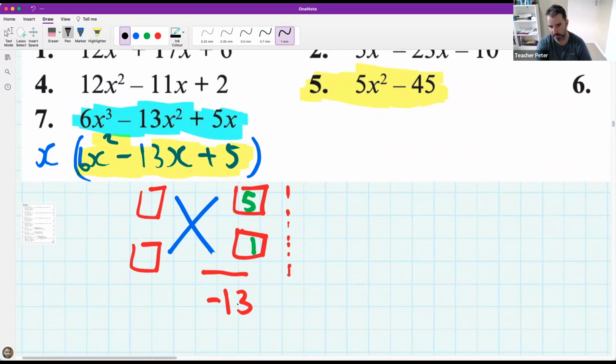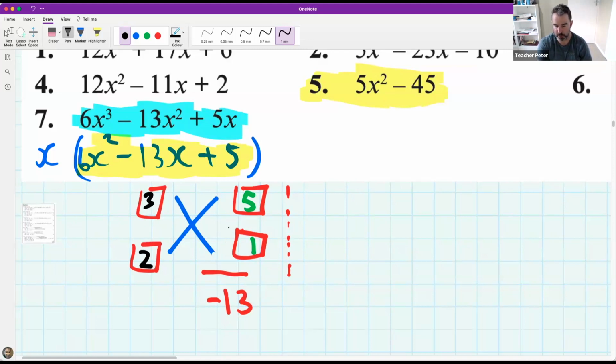I know this is minus 13. What I don't know is what factors I should use here. But I know I need to get to minus 13. And for me, 6 and 1 seems too big. So I think it's 3 and 2. But then where do they go? Does the 2 go here or does it go here? Well, I know that I'd like a 10, and 2 times 5 is a 10. And that would be a 3.